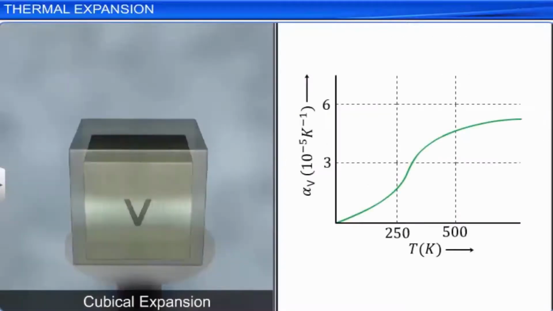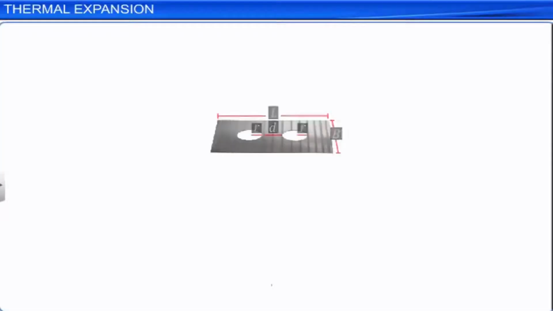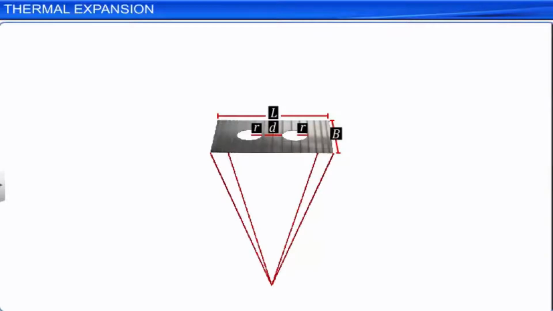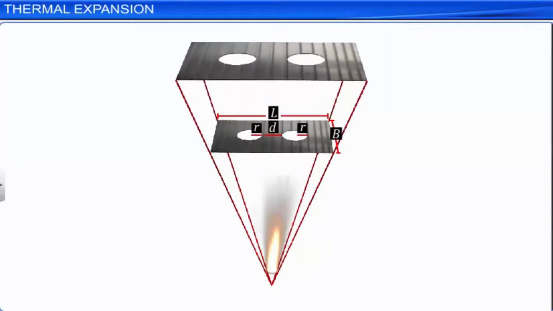Though the coefficient of expansion is a characteristic of the substance, its value depends on its temperature. For many solids, expansion is analogous to photographic enlargement. For example, if a metallic sheet with identical holes, as shown, is heated, then the expansion is proportionate in all directions.